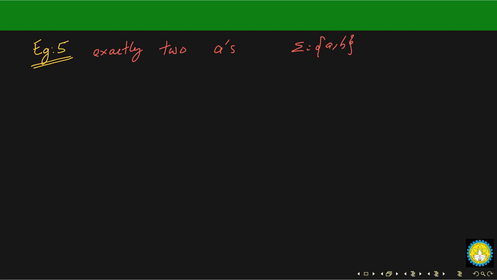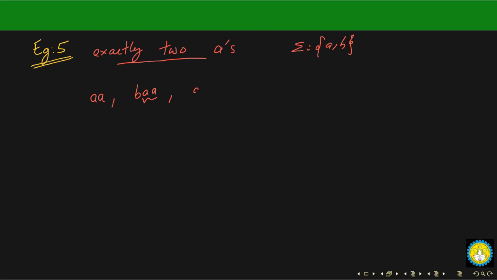In this example, we are asked to design a DFA to accept strings that contain exactly 2 A's, where the alphabet set is A, B. So we have to look at the minimum strings which fall in this category. AA definitely has to be accepted. BAA has to be accepted because it contains exactly 2 A's.